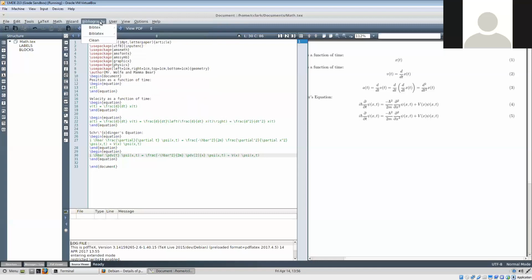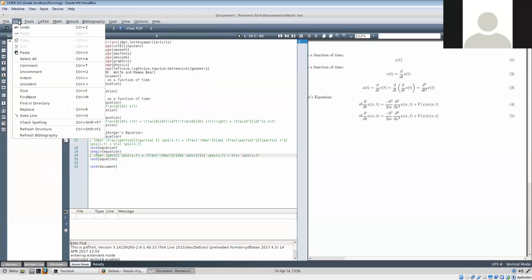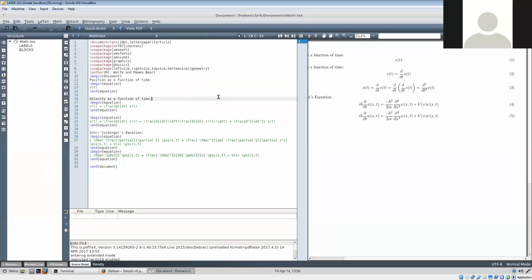Square brackets. No, those are curlies. On the two? Yes, but that's an optional argument. The two needs to be square. Those are square brackets. I need curlies.